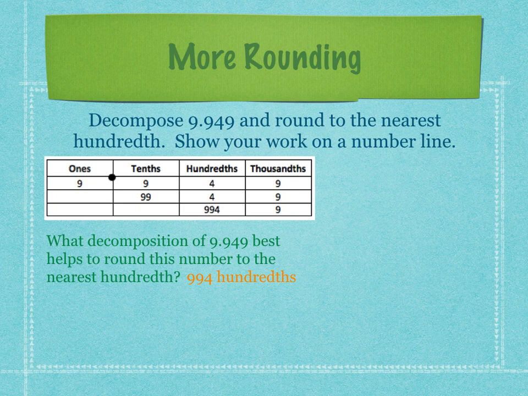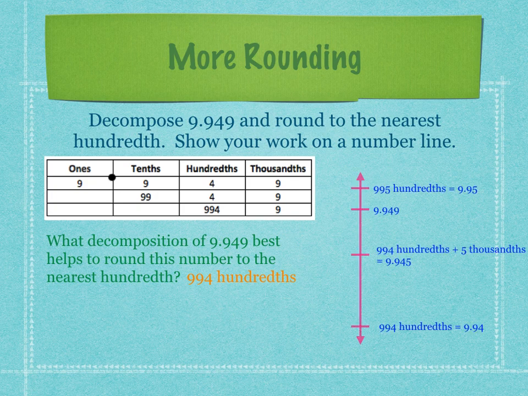So putting that on a number line, we would put 994 hundredths, which is 9.94, at the bottom. We'd put 995 hundredths, which is 9.95, on the top. And in the middle would be 994 hundredths plus 5 thousandths, which would be 9.945.